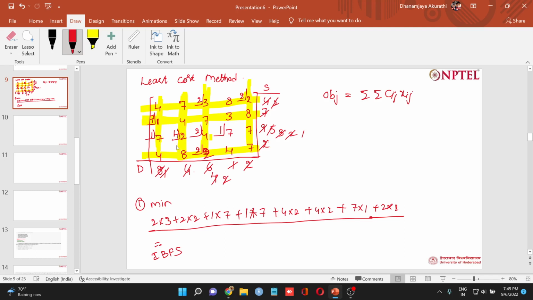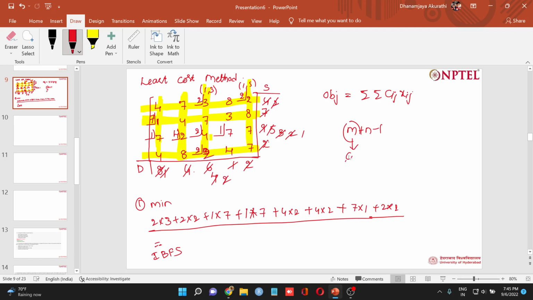And here one more thing, the basic cells. Here you can count the 1,3 corresponding cell and the 1,5 corresponding cell. So finally the number of basic cells we can obtain is m plus n minus 1. m is the number of rows and n is the number of columns.